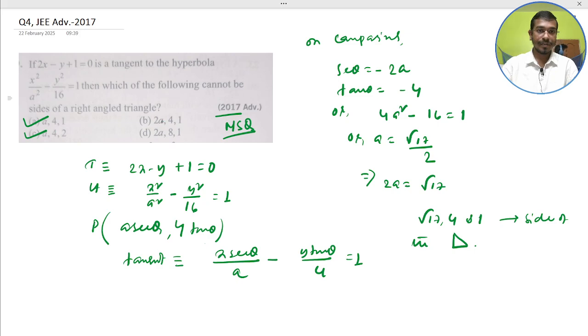Option B is not satisfied because here it is given 1. Okay, 4, 1. Here 2A, 8 and 1 should be correct. Option A, option C and option D, these three are correct.